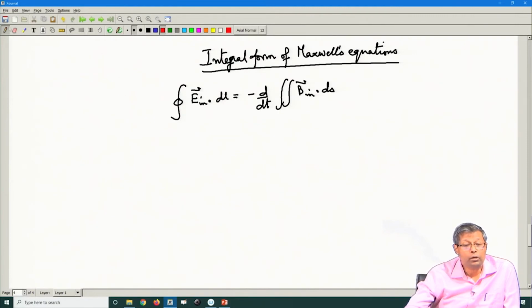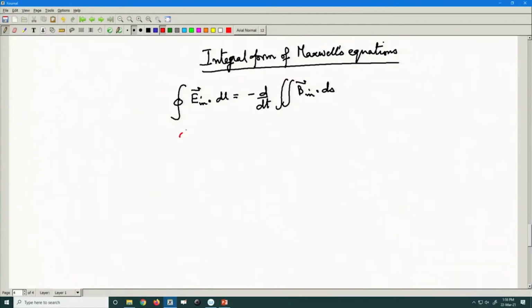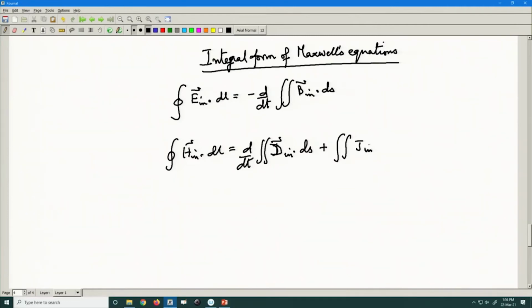Similarly, the next equation can be expressed that is equal to closed line integral of H dot dl is double integral D dot ds plus double integral J dot ds.